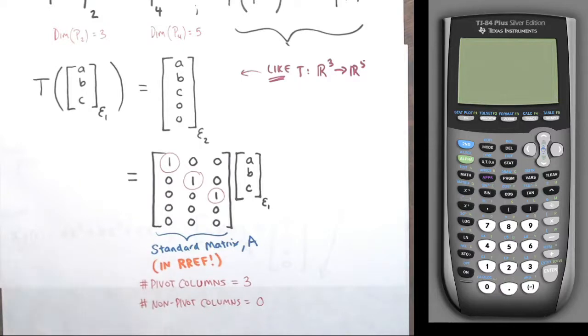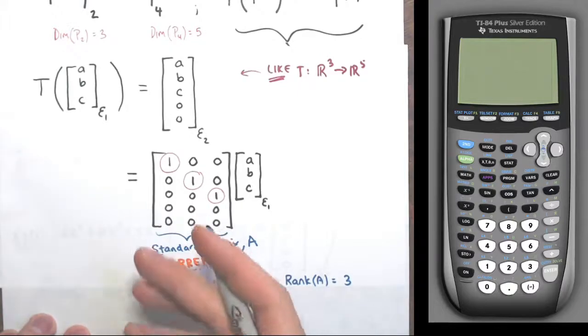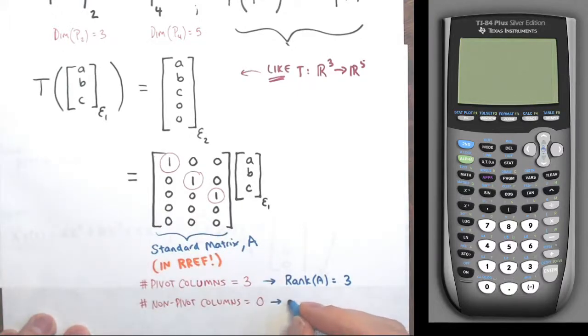So remember, the number of pivot columns, that was the rank of our matrix. So the rank of the matrix is 3. And the number of non-pivot columns in an echelon form of our standard matrix, which this is, that was the nullity.